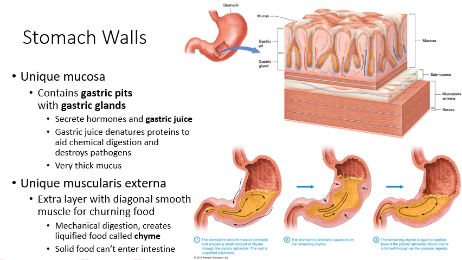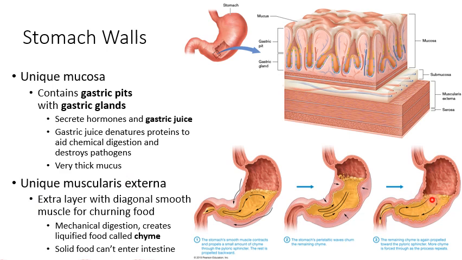But in the stomach, you also have a third layer that has fibers running diagonally across the stomach, and that allows the stomach to do a churning contraction that mechanically digests the food and basically converts all those food boluses that enter the stomach along with the gastric juice into this kind of fluid called chyme. So the food is essentially getting liquefied inside of the stomach by this churning that the stomach can do because of that extra layer of smooth muscle that it has.